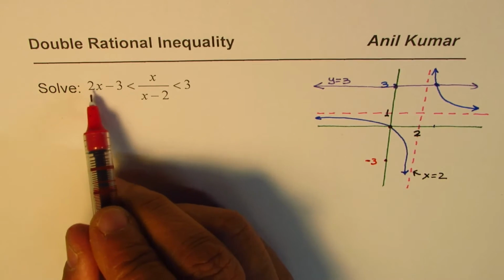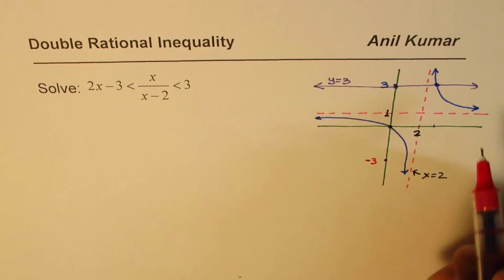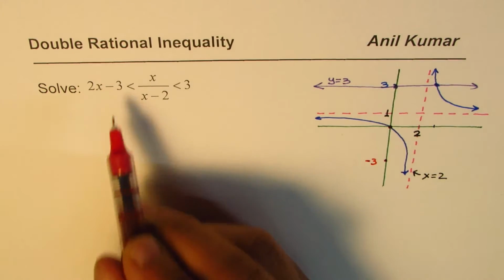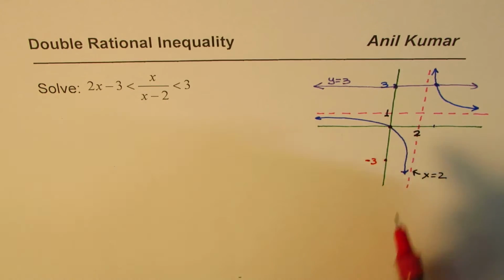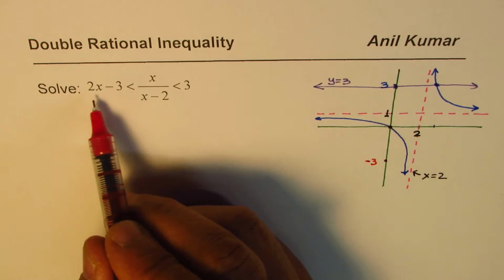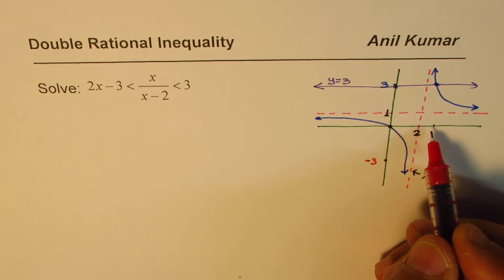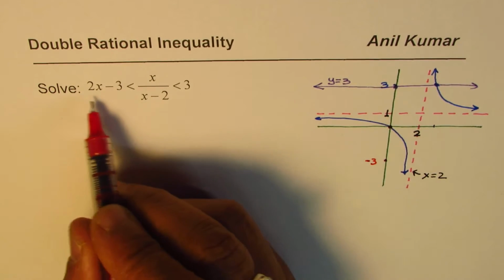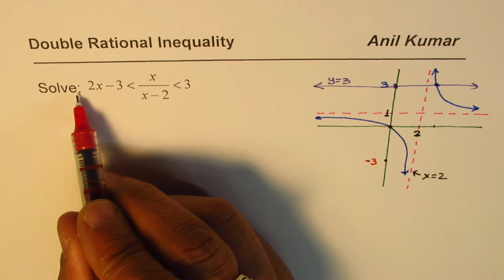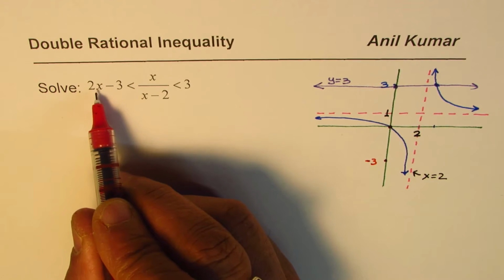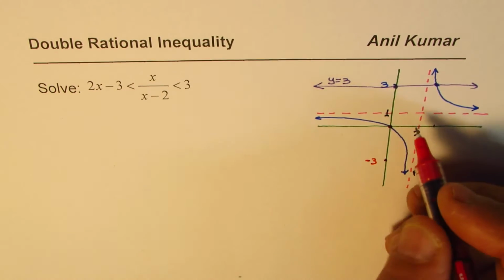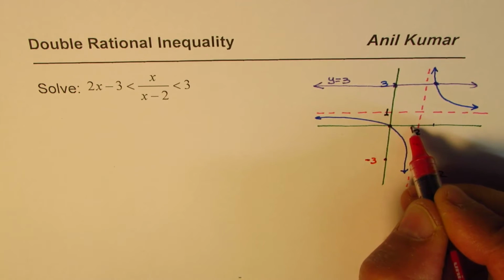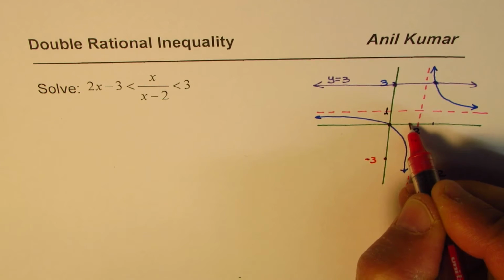And the slope is 2. So for what value will I have an x-intercept? 2x minus 3, so y is 0 for x equals 3 over 2. That means 1.5, correct? So it is kind of going from here.